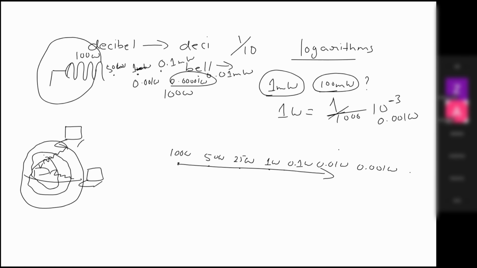This is not easily understandable, or not human readable. So to have a better value, we convert this from watt to milliwatt. That is the reason we are going to convert it, and how the conversion will happen, let's see that now.